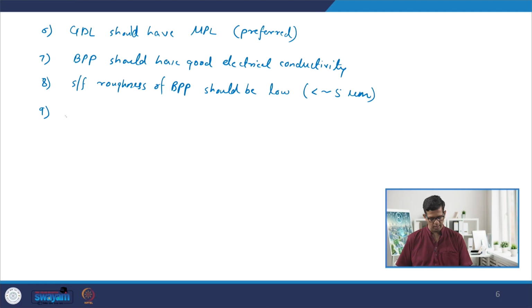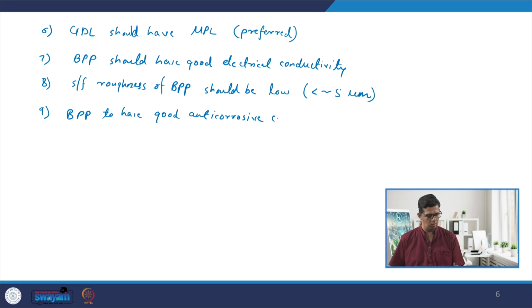So, let me write that: the bipolar plate should have good coatings. There are many anti-corrosive coatings. We can go for titanium nitride coating, or chromium nitride.